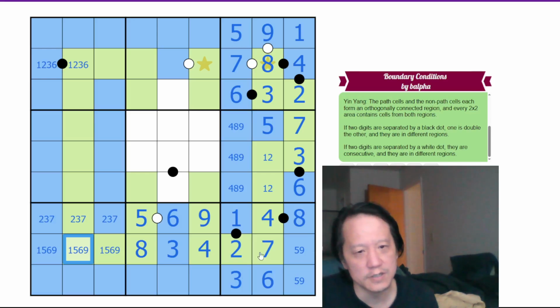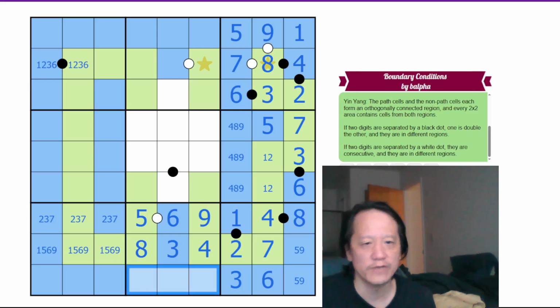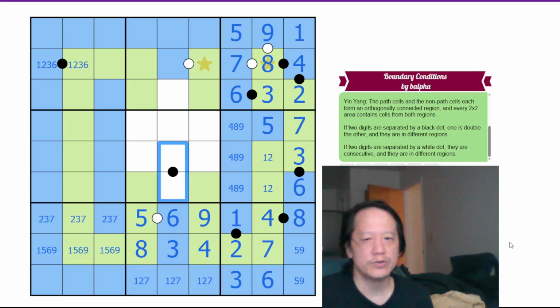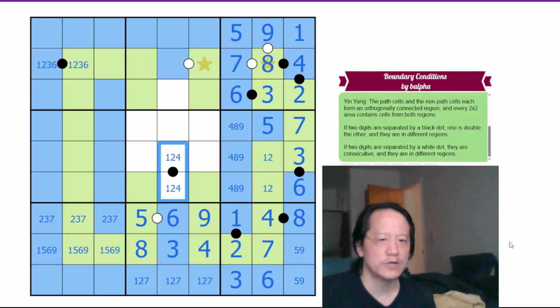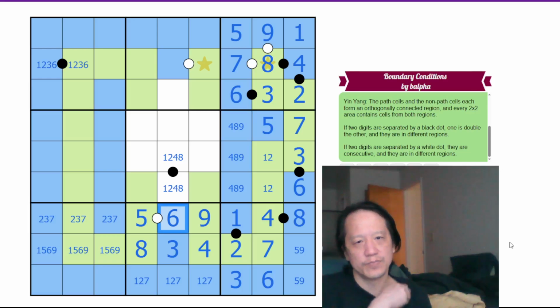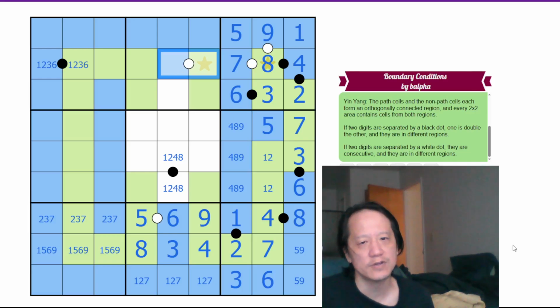Remaining digits of box 8, we have 1, 2, and 7. This is in a 1 to 2 ratio. It can be 1, 2, 2, 4, or 4, 8. It cannot be 3, 6 because of 3 and 6 in the column. These digits are consecutive and cannot contain 4, 8, or 7.